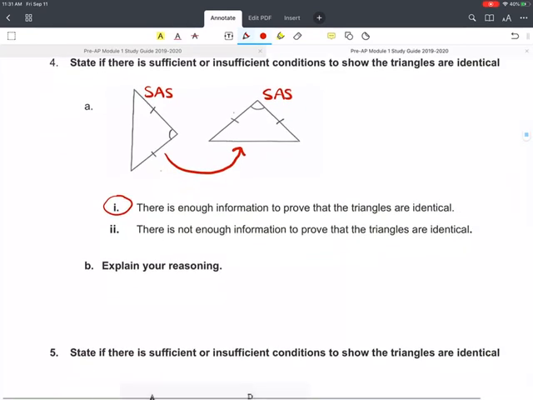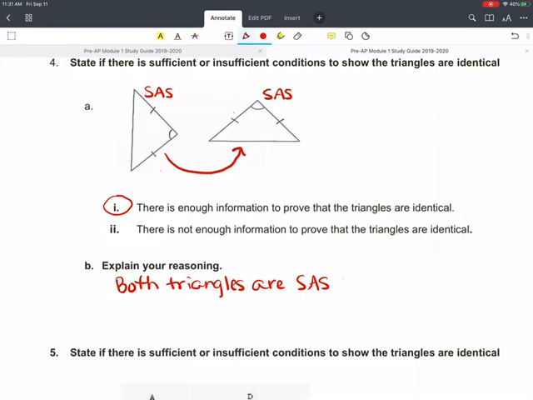And then it says explain your reasoning. On this part, you could state both triangles are side-angle-side triangles with the same notations.